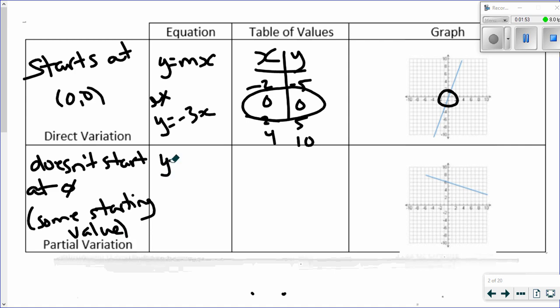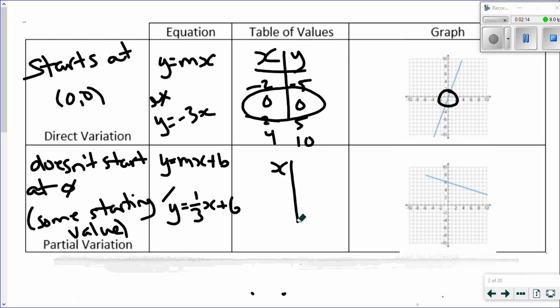This is where we get our usual y = mx + b. Or, again, just to drive you nuts, here are some lovely fractions. It really doesn't matter. The point is that we're adding or subtracting some number at the end.